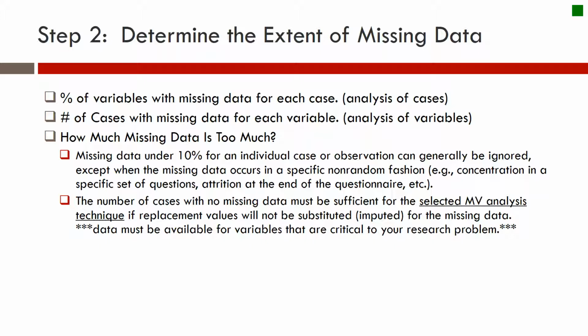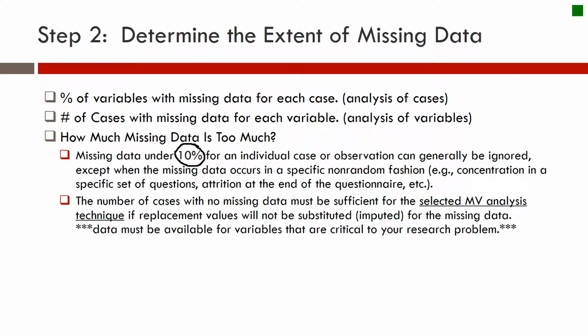And that doesn't necessarily mean that their response should be thrown out. It just means that that one question or variable is perhaps not adequate. So sometimes we'll set a benchmark and say 10% perhaps for individual cases might be something we would accept, but anything more than 10% might be something that we'd be concerned about.